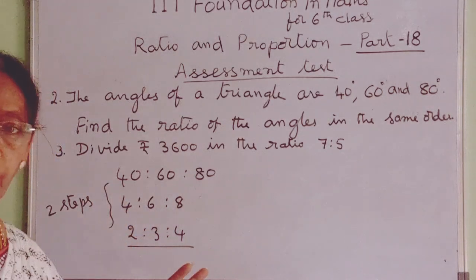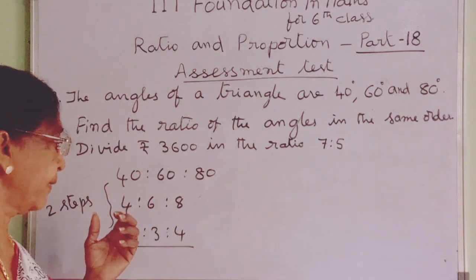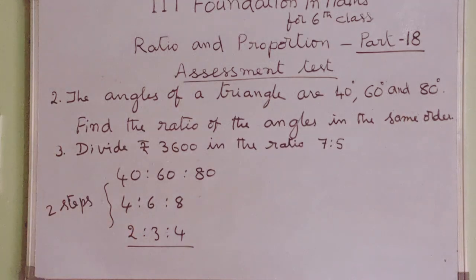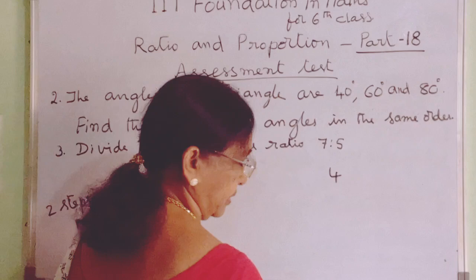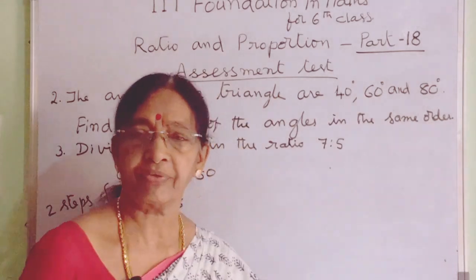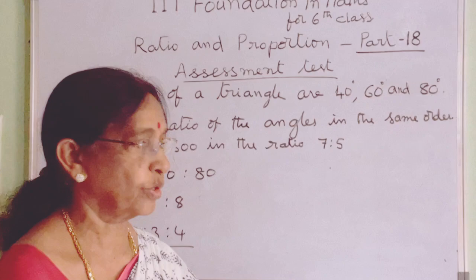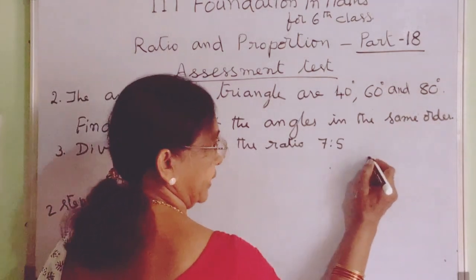But if we don't know so easily that these are divisible by 10 and 2, we can find the HCF of the three numbers by long division method. So first we will find the HCF of the greater numbers 80 and 60.